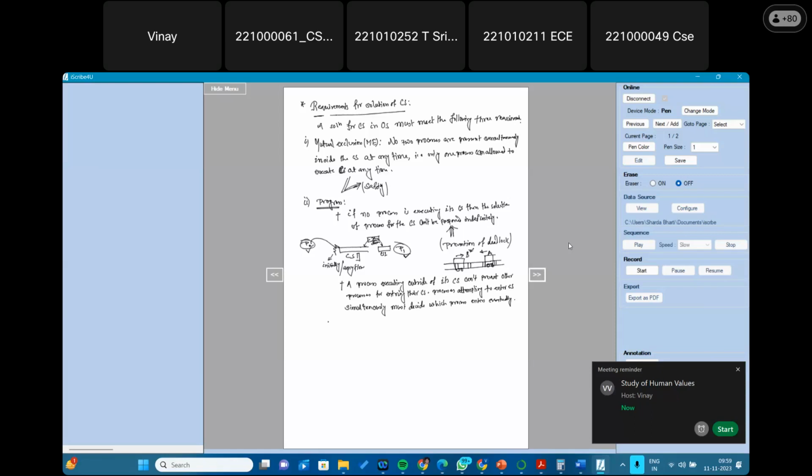For example, let us suppose this is the critical section. P1 wants to execute this critical section, but P2 blocks P1 from entering its critical section.